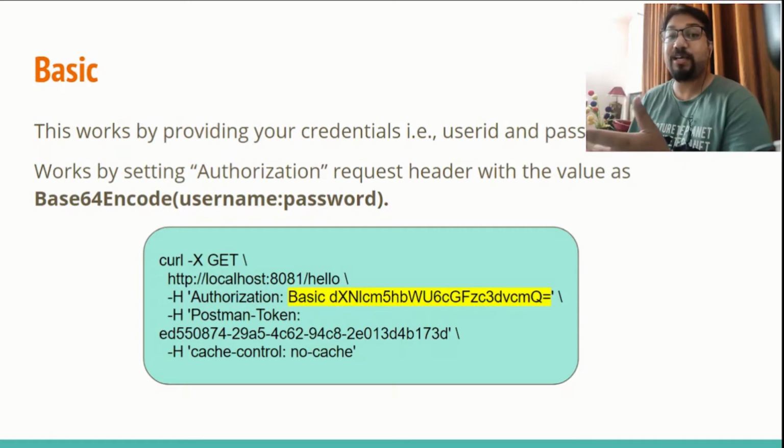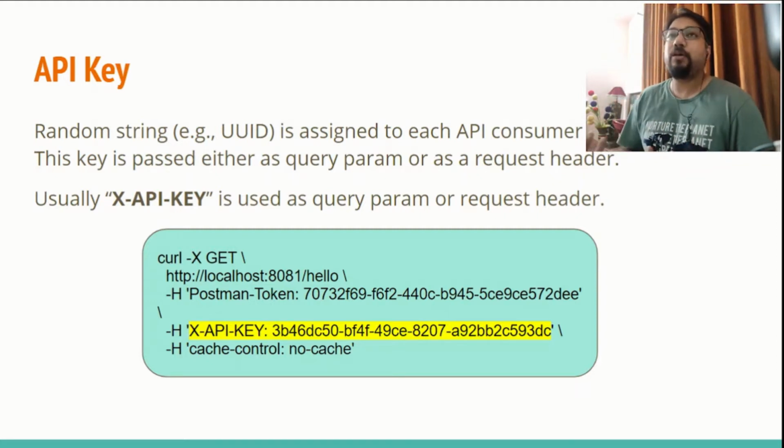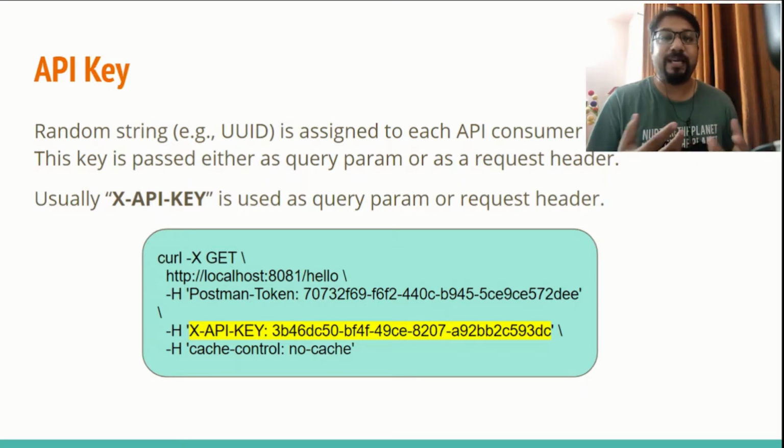After that, we'll see what an API key is. Generally, when we give access to the APIs to third parties, to every third party we give a very unique key, which is called an API key. It can be something like a UUID, or any combination of strings, alphanumeric.